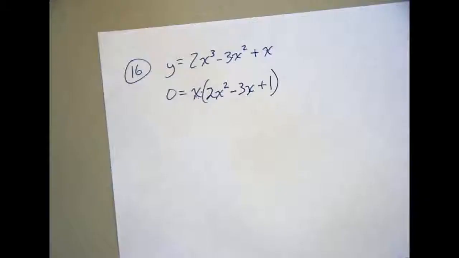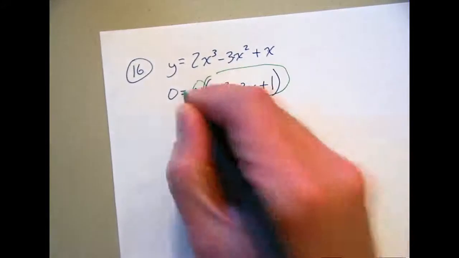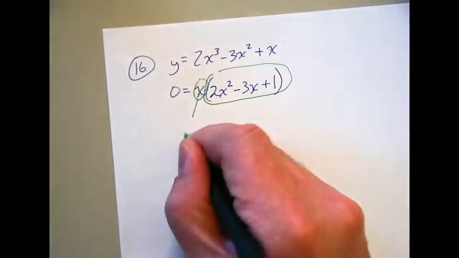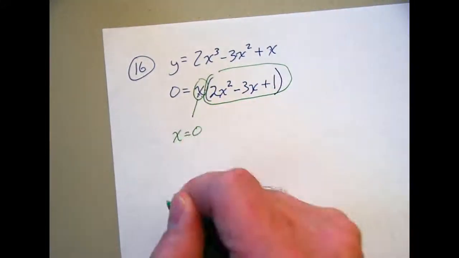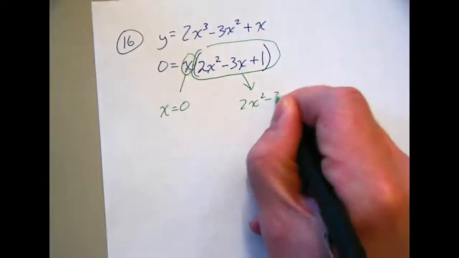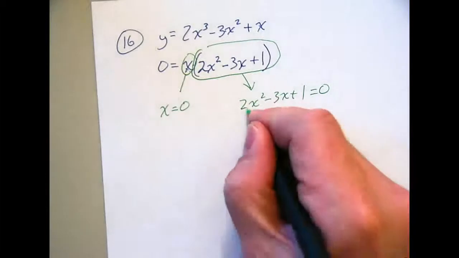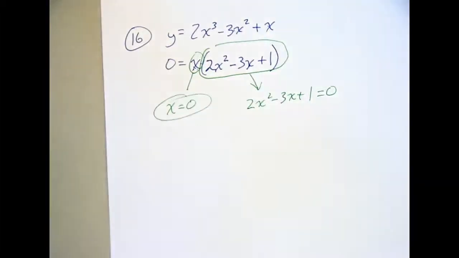And from there, this times this equals 0. That means you have to set each of them equal to 0. X equals 0. And 2x squared minus 3x plus 1 equals 0. This one's easy. That's the answer.